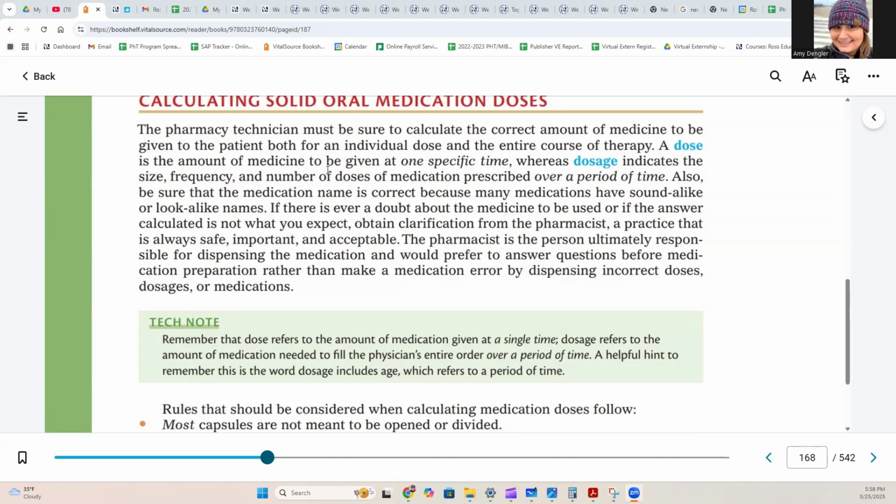So let's learn it. A dose is the amount of medicine to be given at one specific time, whereas dosage indicates the size, frequency, and number of doses of medication prescribed over a period of time. Also be sure that the medication name is correct, because many medications have sound-alike or look-alike names.